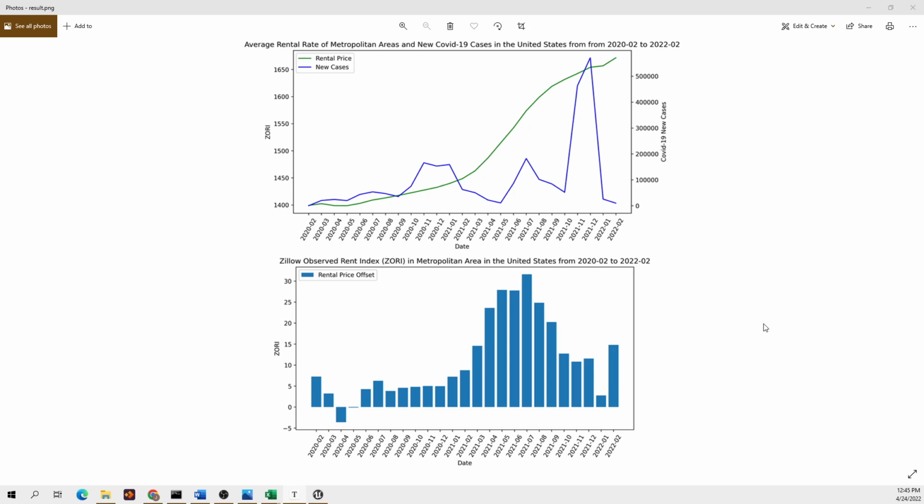Everyone stayed at home during that time, so we notice a drop at that time. But after that, when people knew the impact of the pandemic, everything seemed to return back to normal.